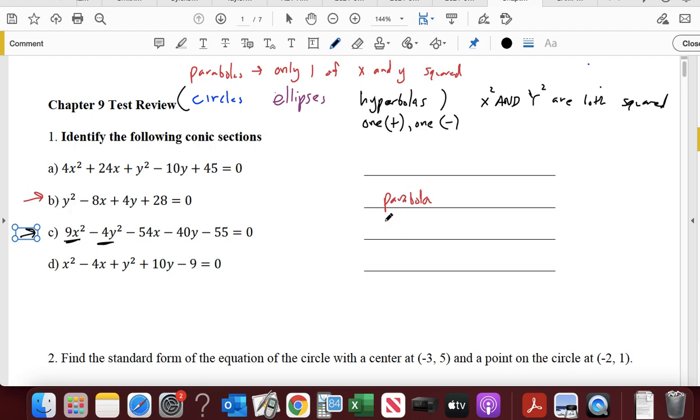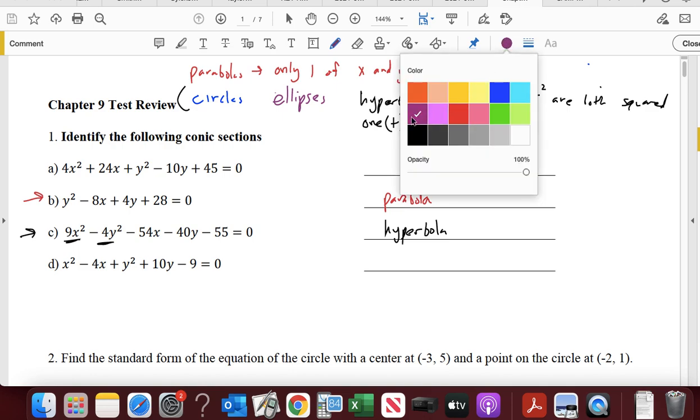So that one must be our hyperbola. It has nothing to do with what the coefficients are. Remember, the coefficients end up creating different radii in the x and y direction, either the a and b, if you're talking about that, or rx and ry as we referred to them in class. That's our hyperbola.